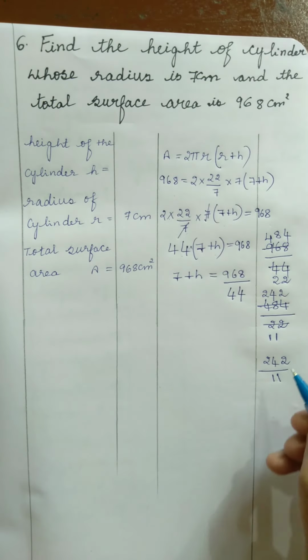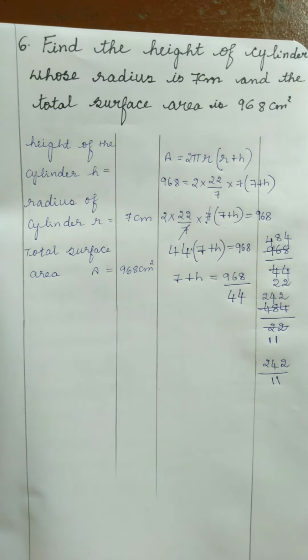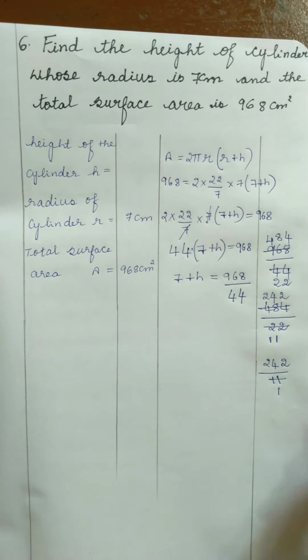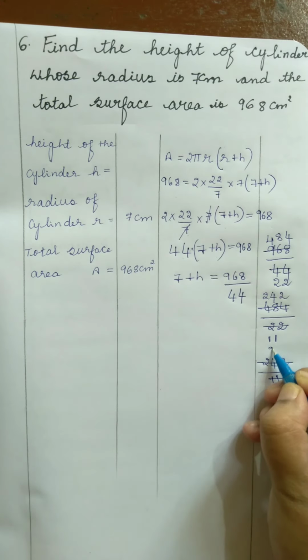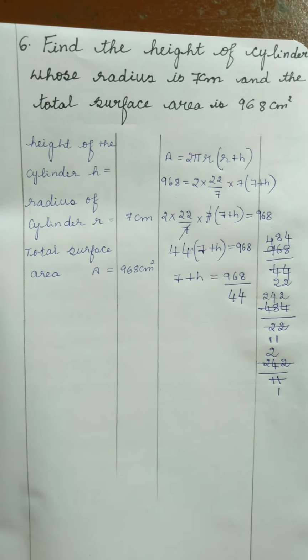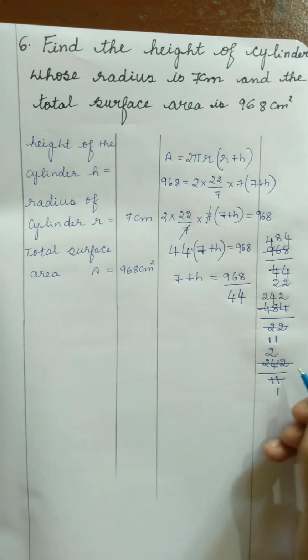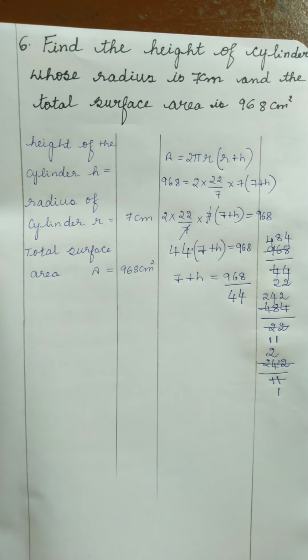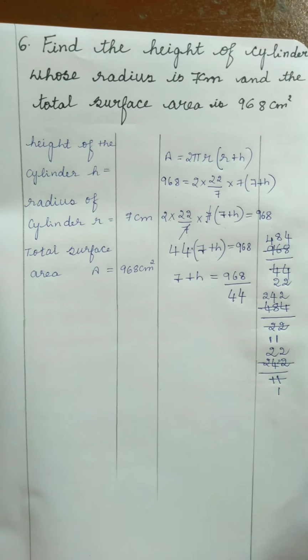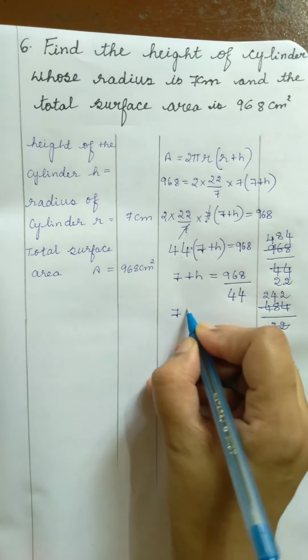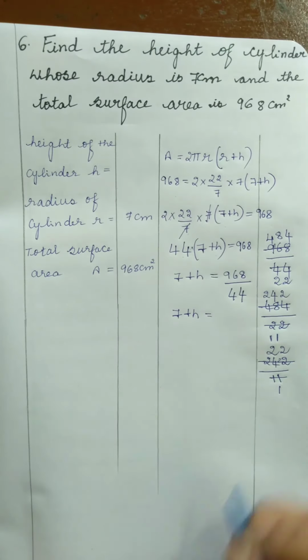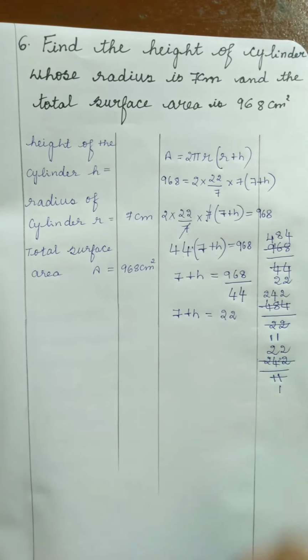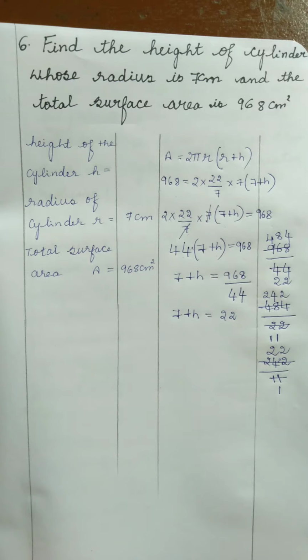Now 242 divided by 11: 11 2s are 22, so the result is 22. Therefore, 7 plus h is equal to 22. We need to find the value of h, that is the height.